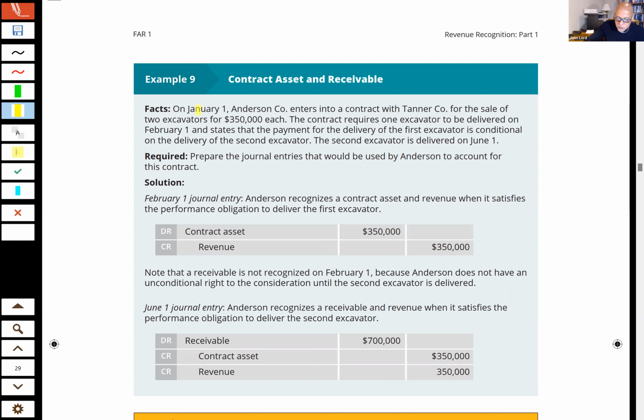On January 1st, Anderson Company enters into a contract with Tanner for the sale of 2 excavators, $350,000 each. The contract requires one excavator to be delivered on February 1st, and states that the payment for the delivery of the first excavator is conditional on the delivery of the second excavator. The second excavator is not delivered until June 1st.